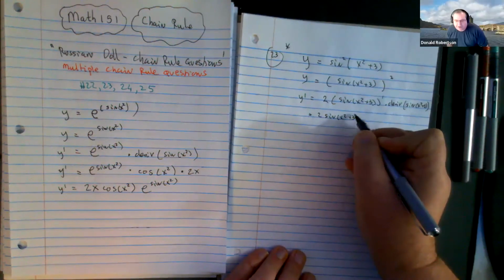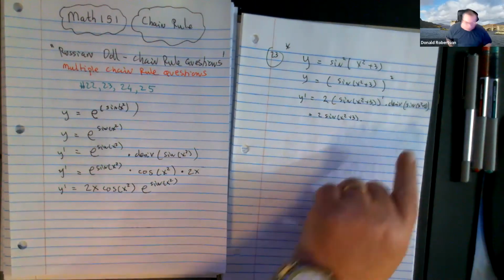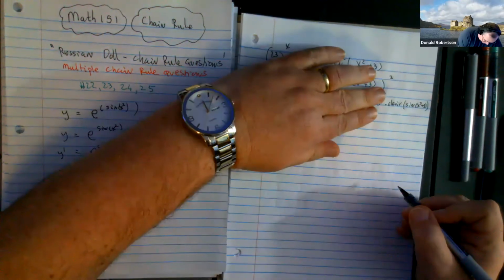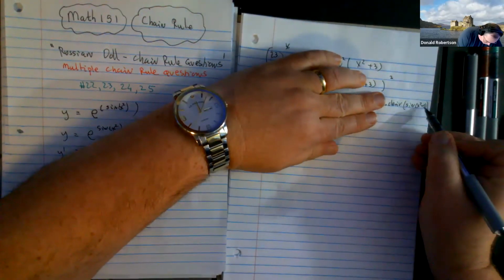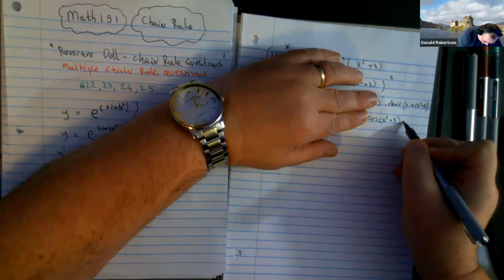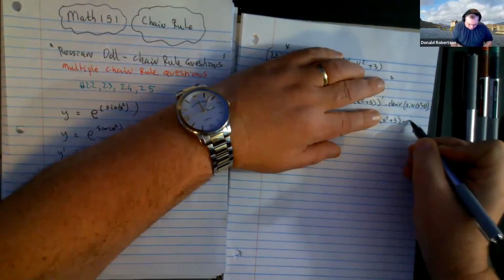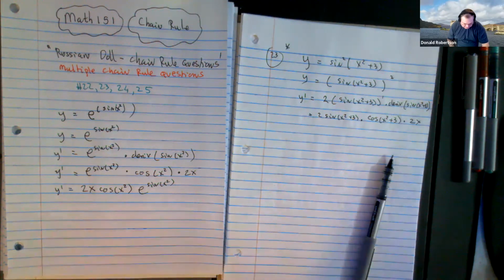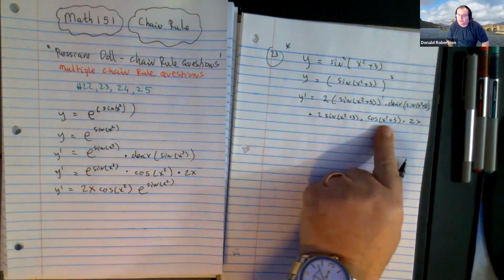Now, if you want to differentiate the sine of x squared plus 1, it's a chain rule. It's the sine of something. So you get the cosine of that something, followed by the derivative of that something. To me, isn't it a Russian doll kind of thing, right? There's a big thing, a little thing inside it, and an even smaller thing inside that.